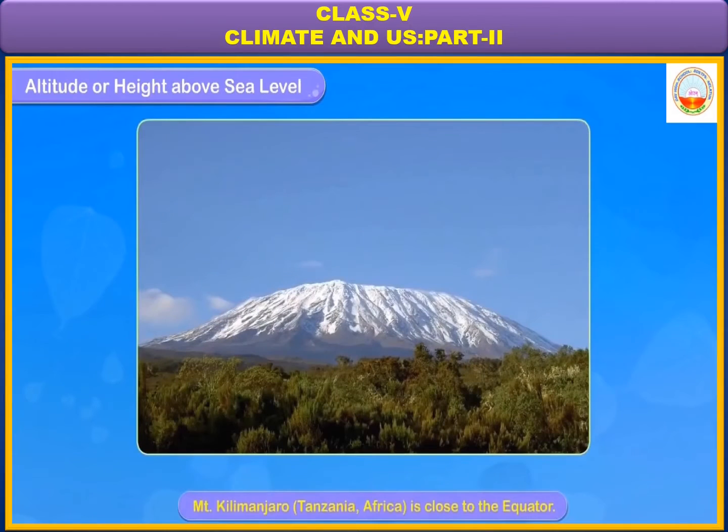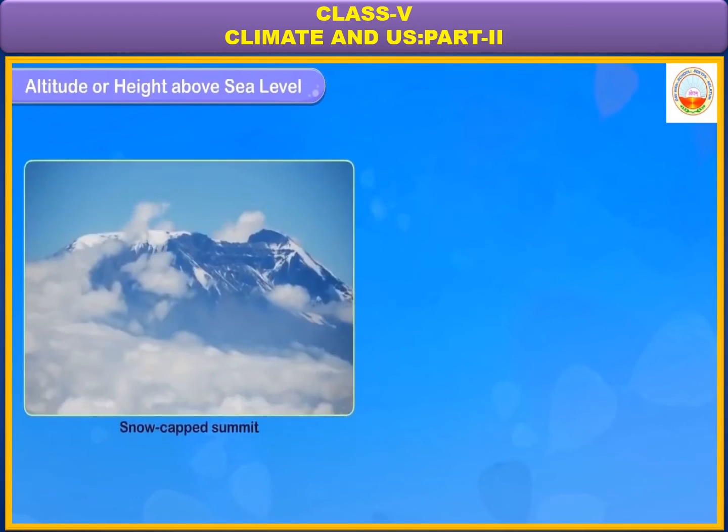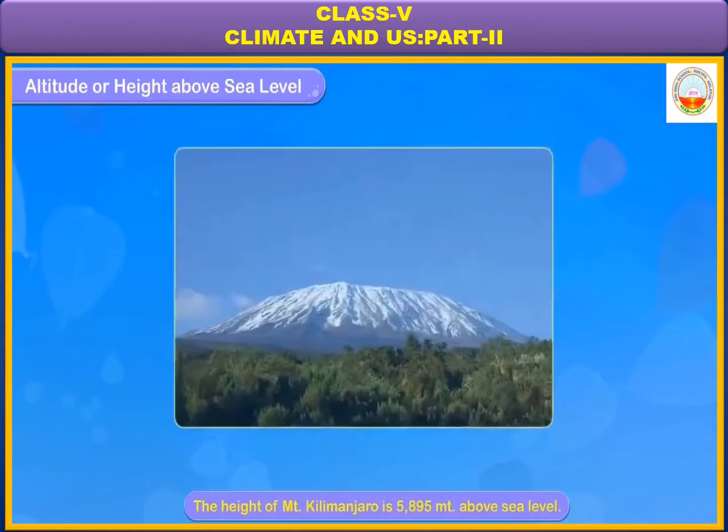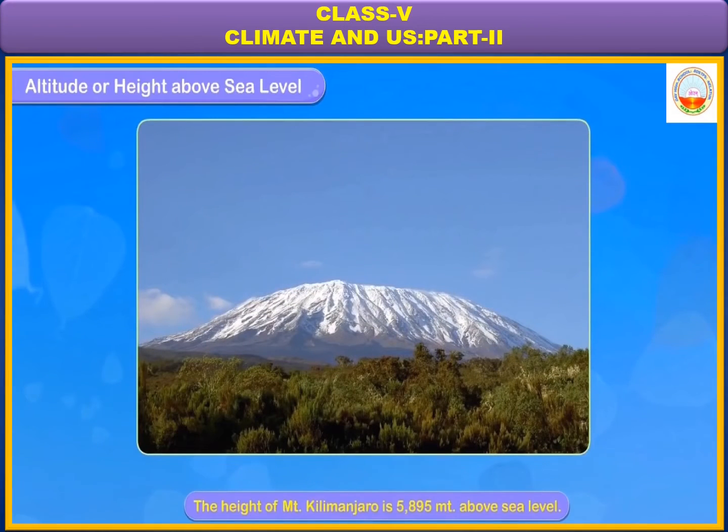Mount Kilimanjaro, in Tanzania, Africa, is close to the equator. It has a snow-capped summit while its base has an equatorial climate. The height of Mount Kilimanjaro is 5,895 meters above sea level.